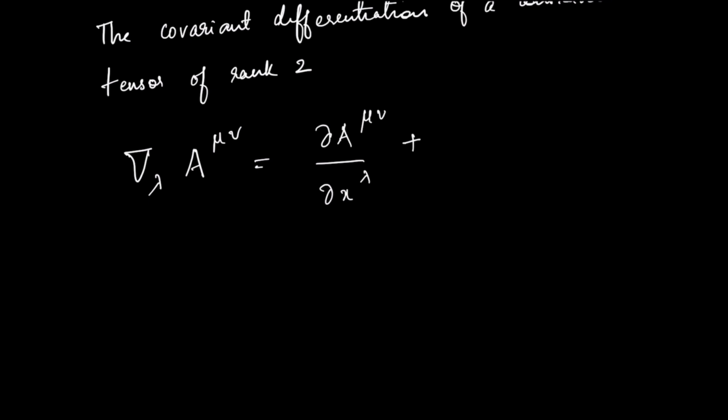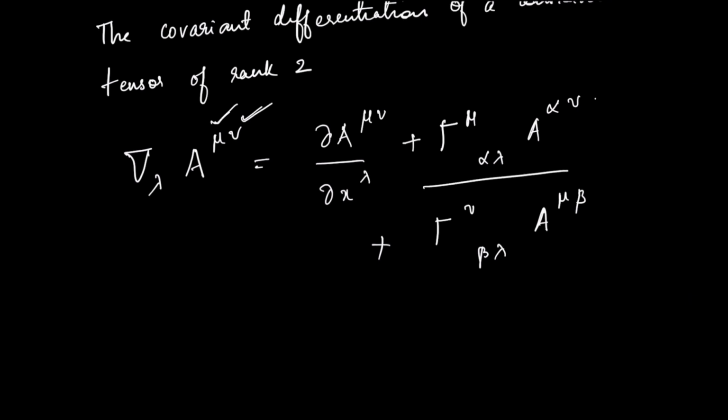Now I have to write the terms for both the indices mu and nu. Therefore I write Christoffel symbol mu alpha lambda A alpha nu plus Christoffel symbol nu beta lambda A mu beta. Okay, for these two free indices I have to write these terms.